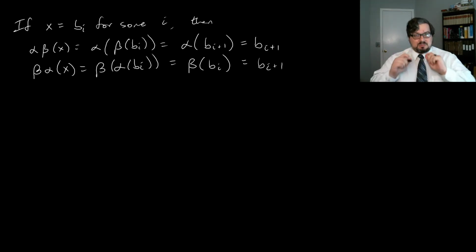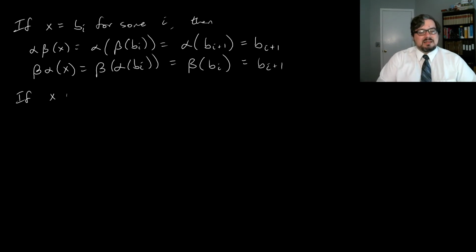Now, we are almost done. However, there is a third possibility. We considered the case when x is equal to a_i for some i, and we considered the case where x is equal to b_i for some i, but it could be the case that the input to our permutation isn't equal to either one of them, isn't equal to an a_i and isn't equal to a b_i.